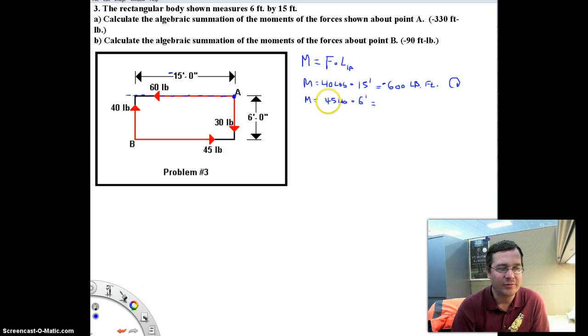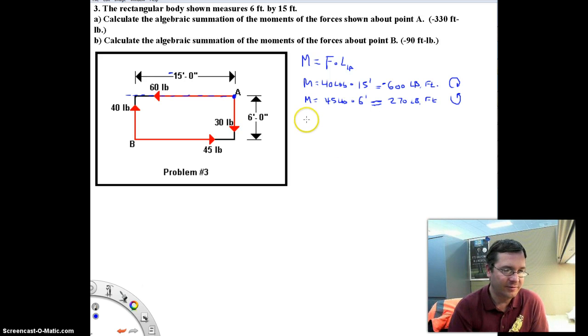Well, 6 times 40 is 240, and 6 times 5 is 30, so 270 pound-feet. Now, this force is to the right, and it's going to tend to create a counterclockwise rotation, so it would be a positive number. So we have this counterclockwise moment of 270 pound-feet.